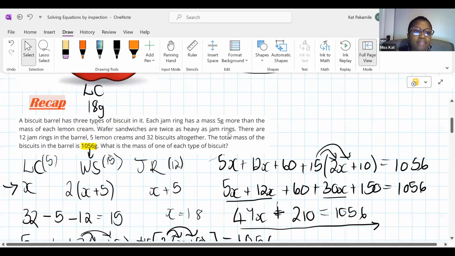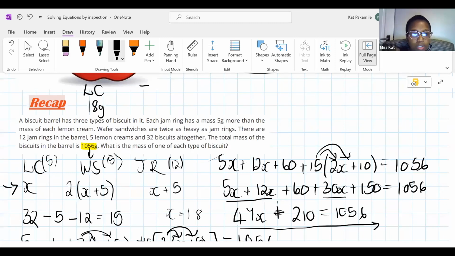Then they said jam rings were 5 grams more than the lemon creams. So the jam rings would be 18 plus 5 grams, which is 23 grams.